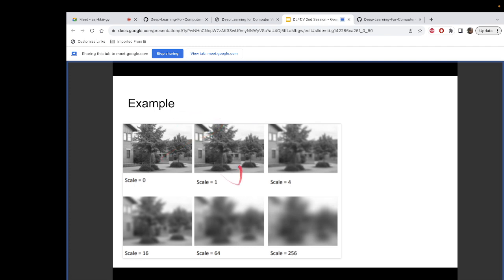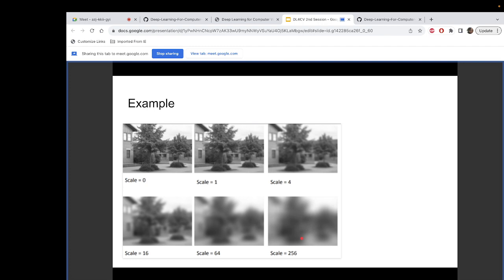The moment you have a scale value of 1, that is 1 into sigma, you can see that the image has become much smoother and also blurrier, because Gaussian is a smoothing filter. Similarly, at scale 4 the image is becoming more and more blurry. At scale 16 it is more blurry still, and at scale 256 you are almost unable to identify what the image is, it is so blurry.